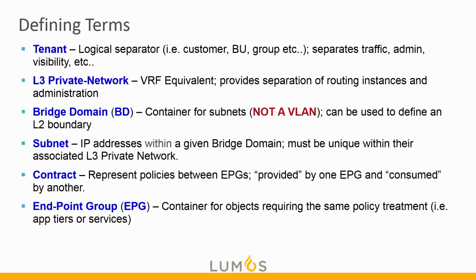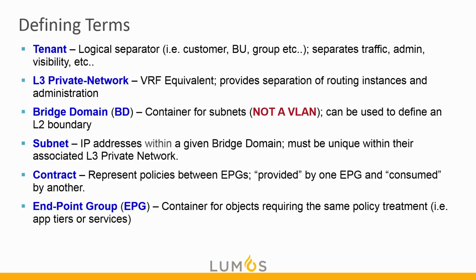But these will come in and be classified as an endpoint group, which we see as the last terminology here. And every EPG has to be classified into a bridge domain, which is our VXLAN VNI, or VXLAN network identifier.